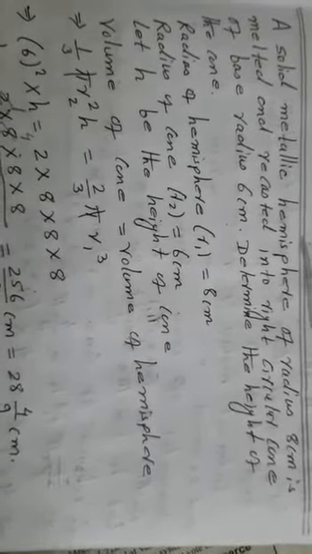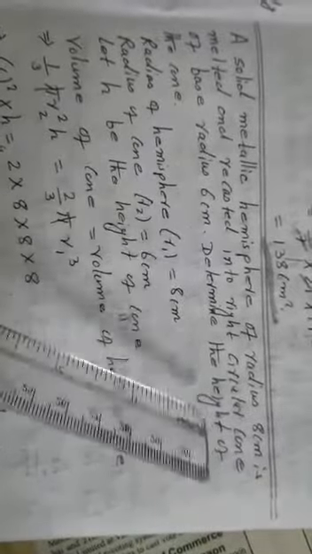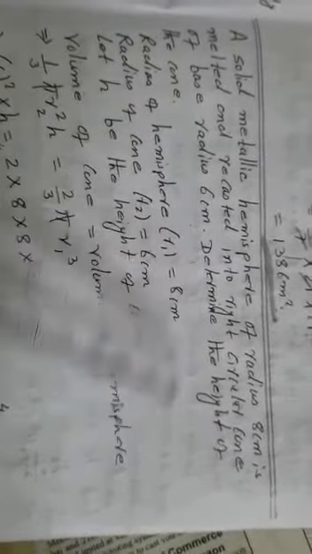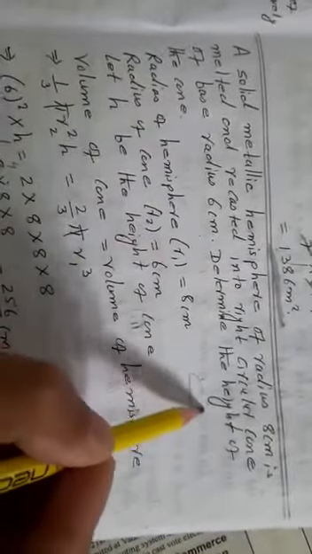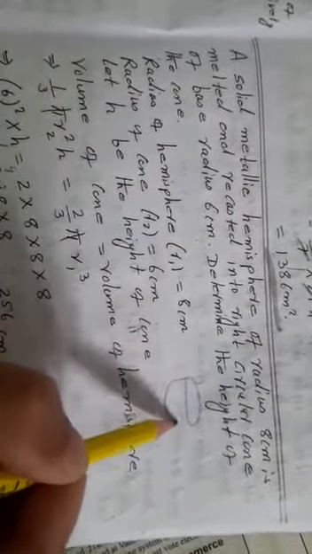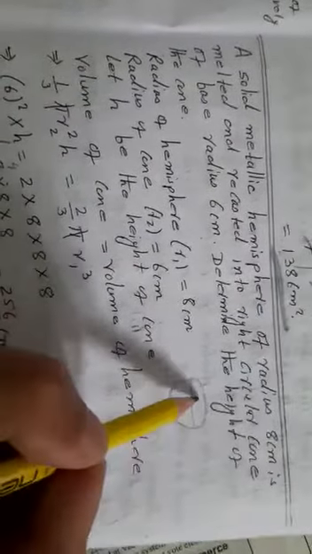Keep that in mind. Now the next sum: a solid metallic hemisphere of radius 8 centimeter is melted and recast into a right circular cone of base 6 centimeter. Determine the height of the cone. There is a solid metallic hemisphere of radius 8 centimeter.